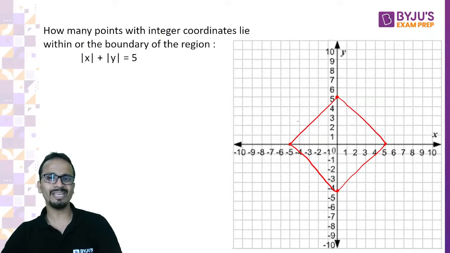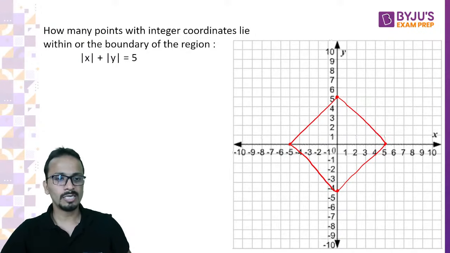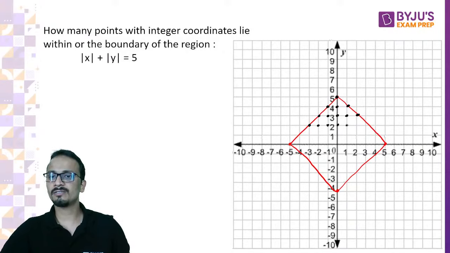So the counting is very, very easy. I'll start from the topmost point. So this is 1, then 3, then 5, and then 7, and then 9. I'm not looking at the x-axis for the time being.